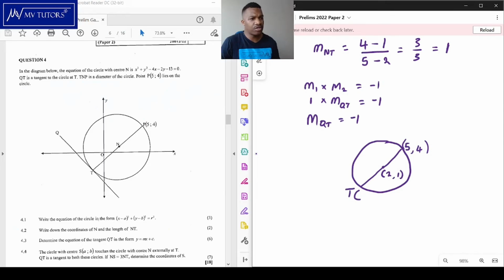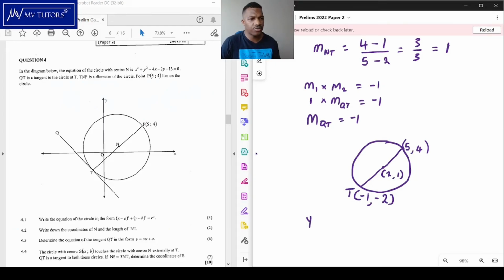How many units is it from 5 to 2? It's 3 units, isn't it? 5 minus 2 is 3. So to get to T on the x, I also have to do the same and say 2 minus 3. 2 minus 3 is minus 1. And on the y, it's 4 to 1. So 4 minus 1 is 3. So I need to say 1 minus 3, which is minus 2. There we go.